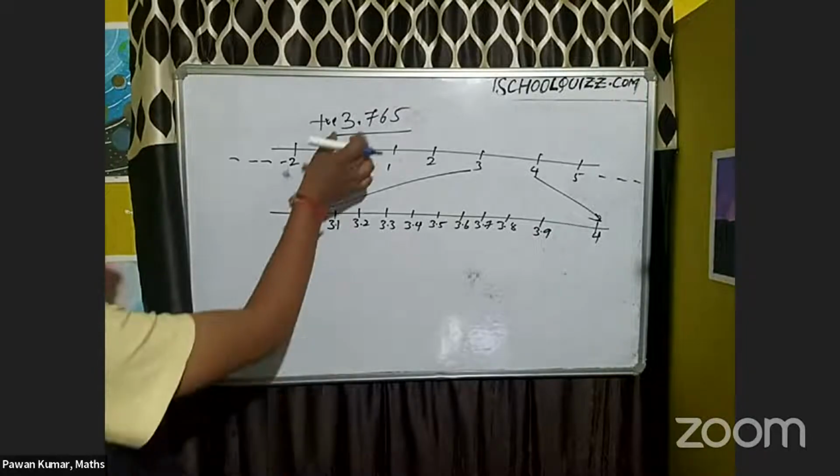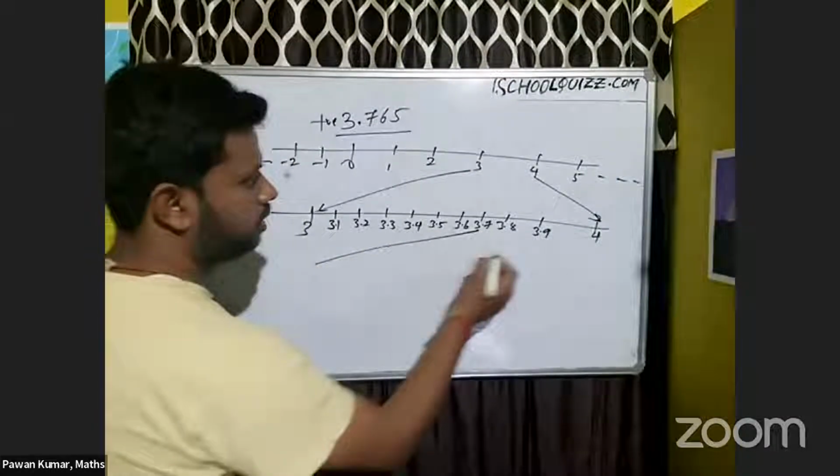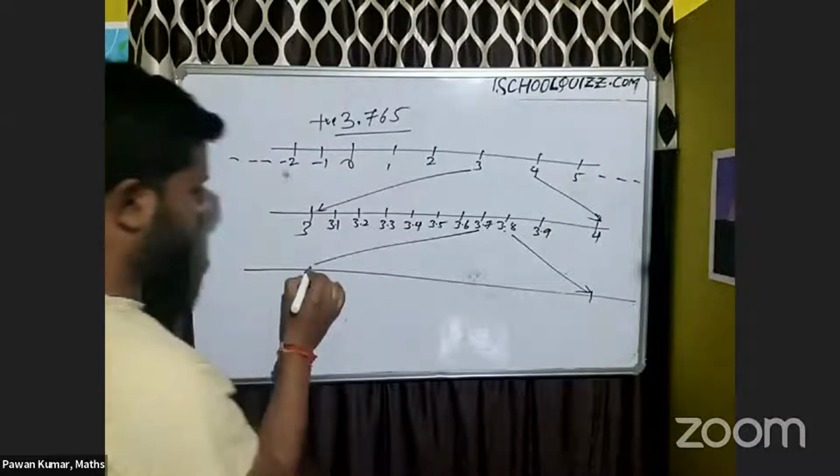So now, 3.7 after some number is there, correct? 3.7 after some numbers is there means you have to stretch which number? 3.7 to 3.8, correct? Yes, 3.7 to 3.8.